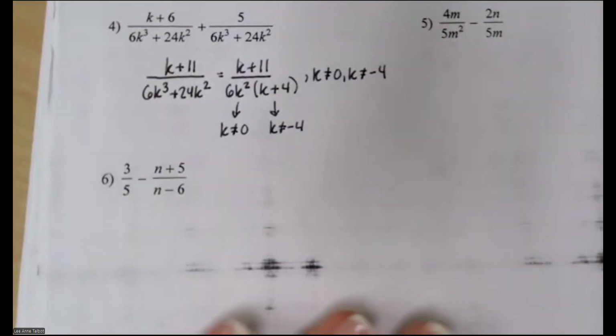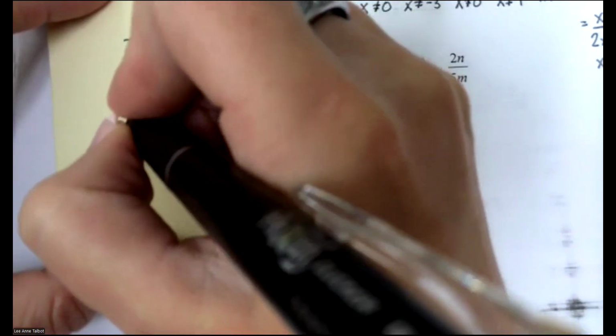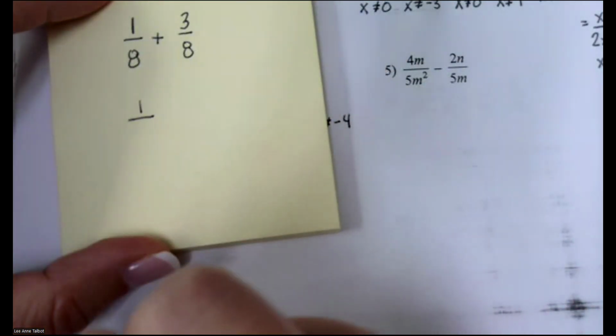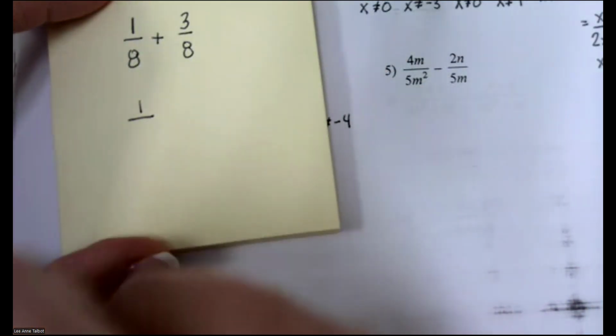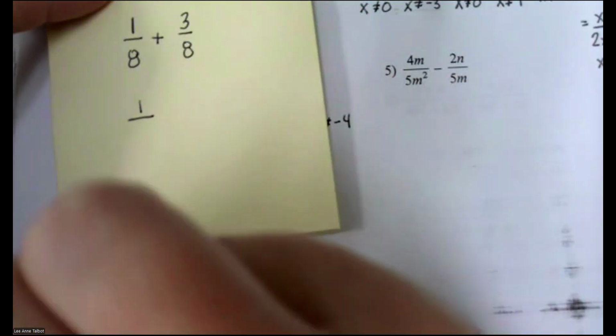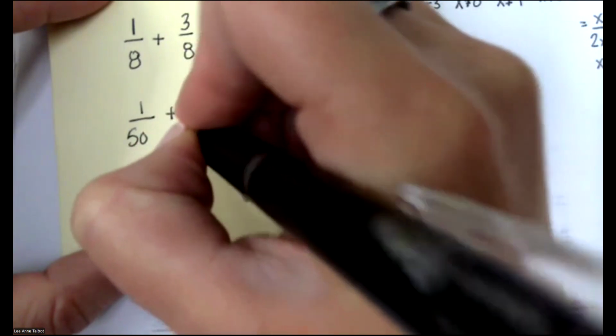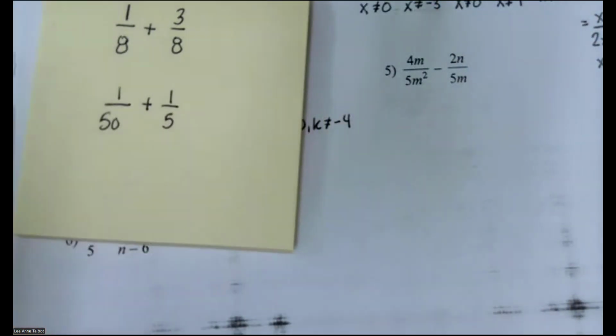Okay, number 5. All right, so number 5 is kind of like this. What would the common denominator here be?